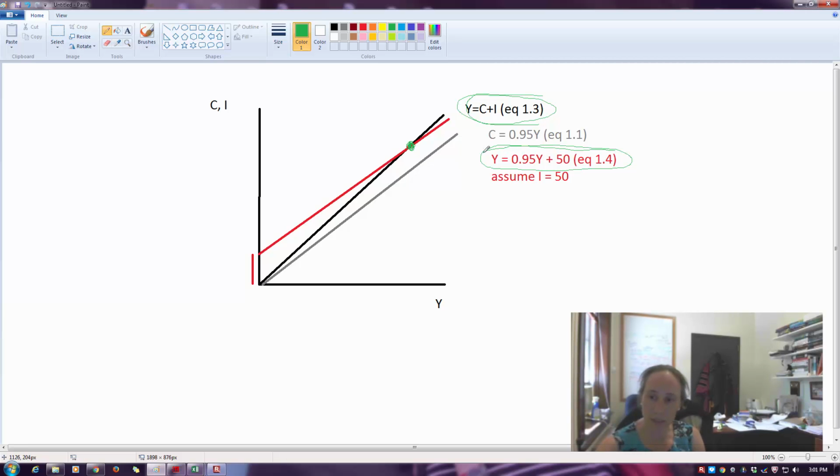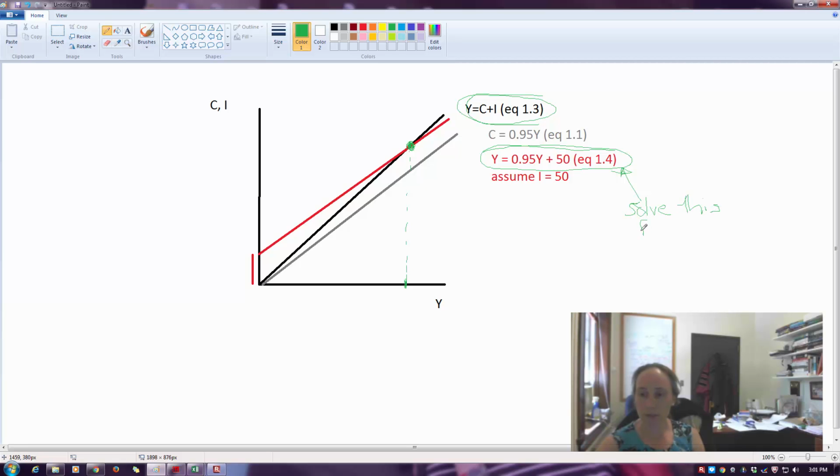But we can use this to solve for exactly what the steady state GDP is. What exactly is this right here? Let's just solve this equation, because they've already plugged in for C here.